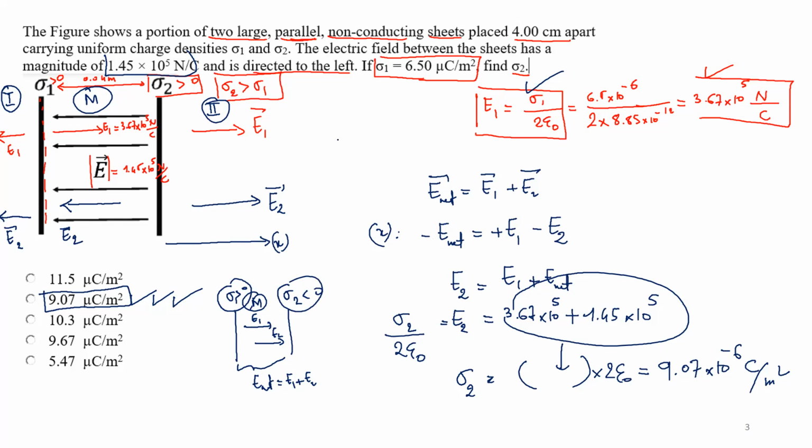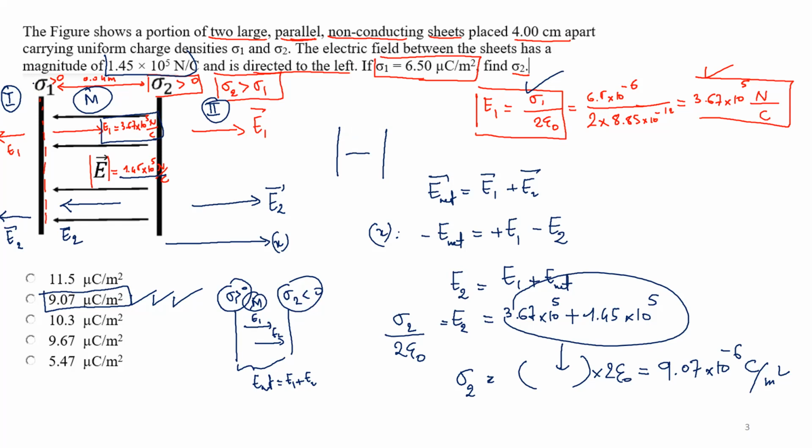Now, whenever I have two plates, and the net electric field in between is less than one of these electric fields, that means that these two have the same sign. So here's the net electric field in this problem: 1.5 10 to the power 5. E1 is just 3.7. That means E2 will be reducing the effect of E1, so E2 will be opposite of E1.